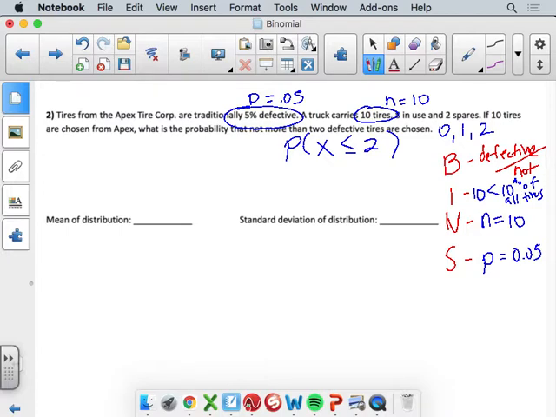Alright, so it's binomial. I've got what I'm actually looking for down over here with my question. The binomial distribution is cumulative, so that's going to be our cumulative part, for less than or equal to.